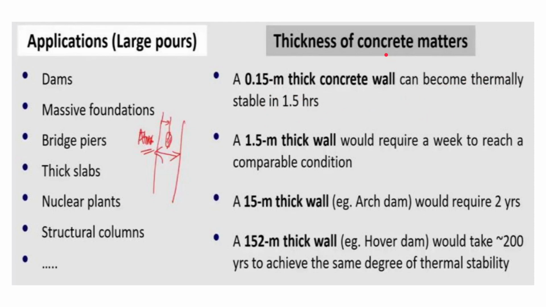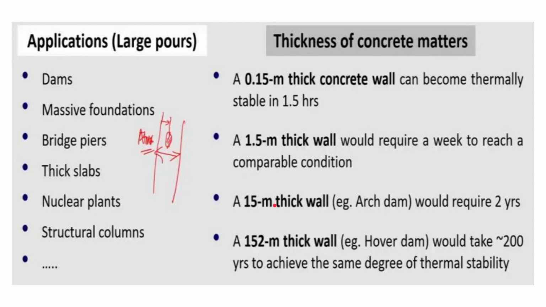If a concrete wall is 0.15 meter thick, it will become thermally stable after 1.5 hours. But if it has a thickness of 1.5 meter, it will require a week, which is almost 100 times more.